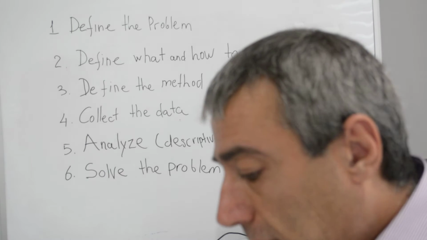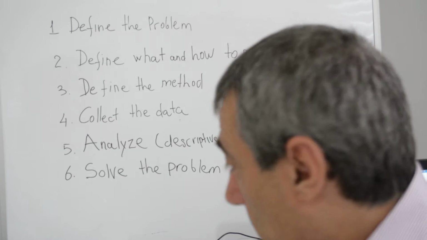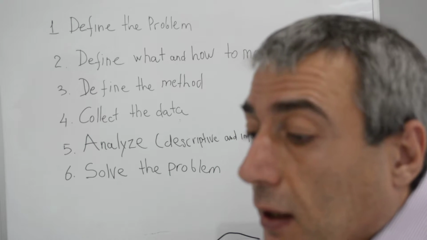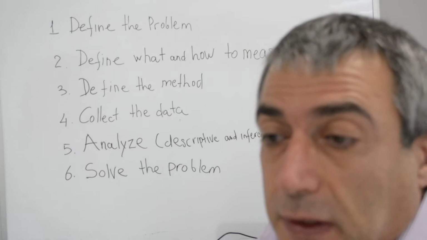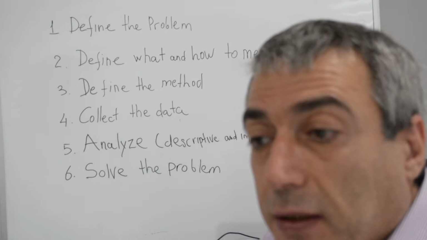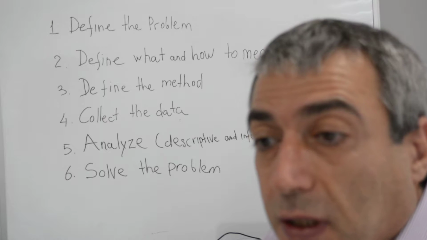The third step I defined is the method we are going to use to solve the problem. There are plenty of methods out there, and there are plenty of approaches.